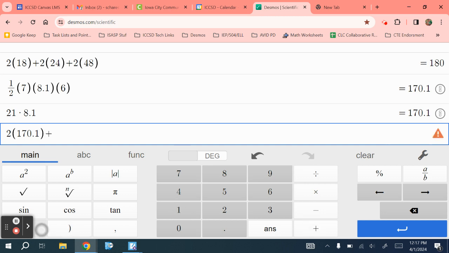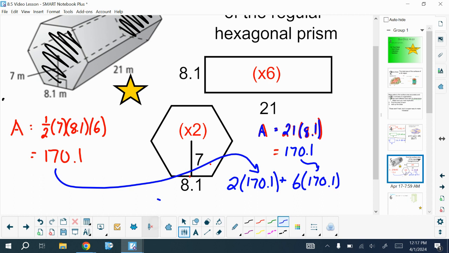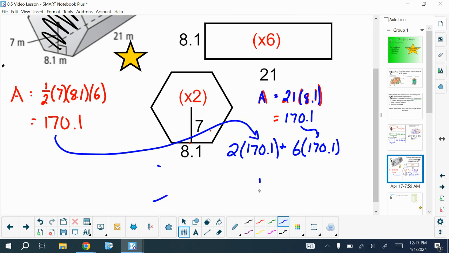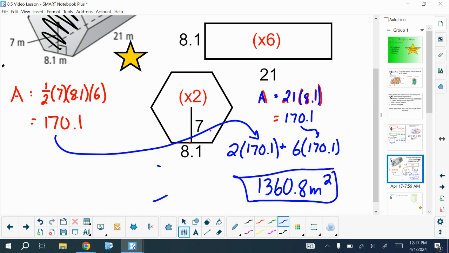So I'm adding 2 of those, plus 6 of those, and I get 1,360.8 in square meters. So again, found the area of a hexagon, found the area of a rectangle, multiplied by however many I had, and added them together.